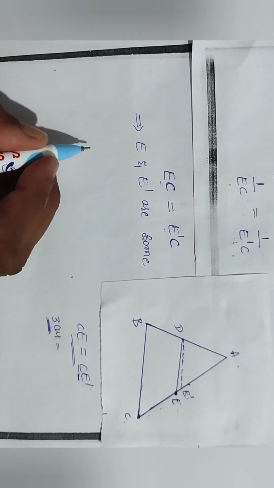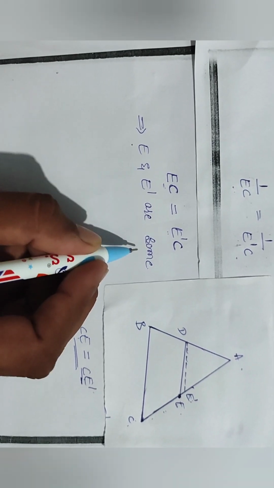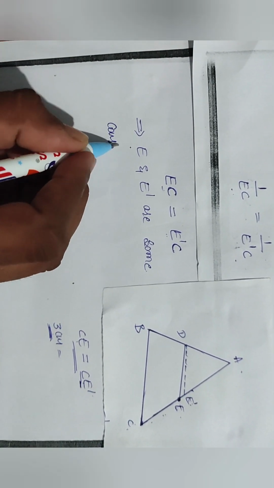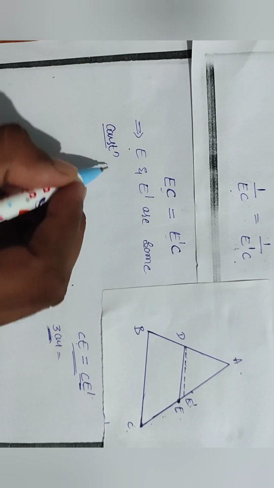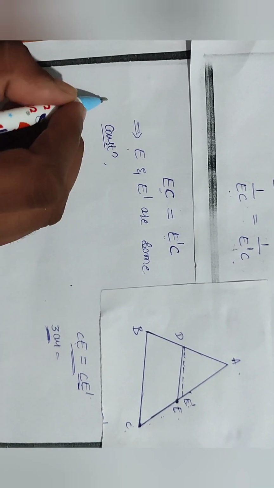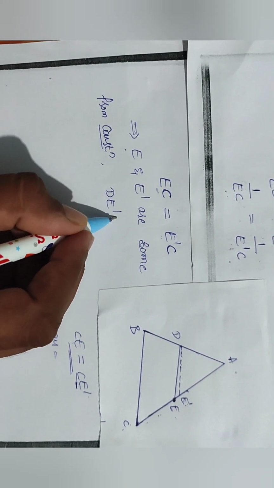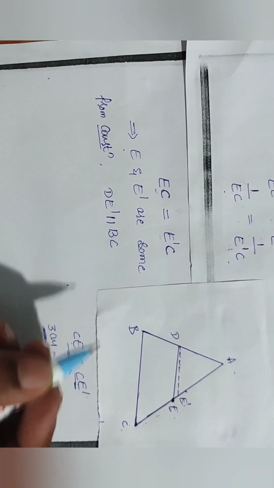By substituting E and E dash in the construction, from the construction we have written that DE dash is parallel to BC. This is our construction.